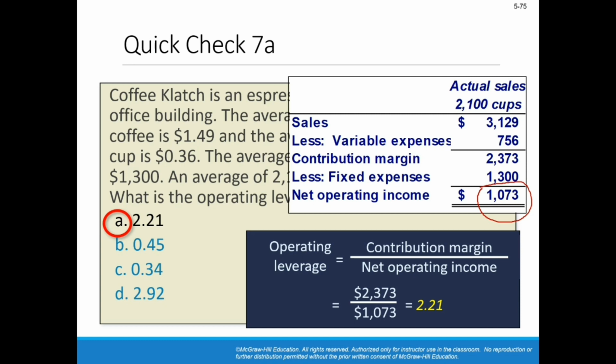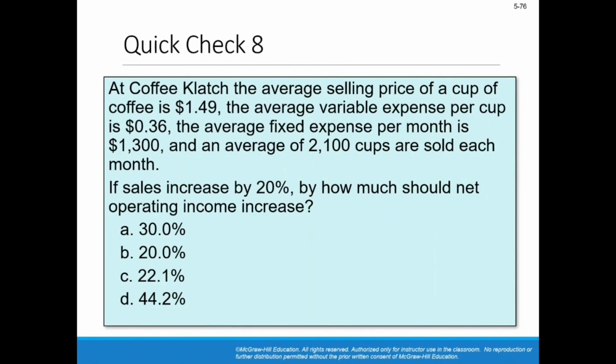So now it means that if my sales increase by 10%, my net operating income will increase by 22.1%. What if my sales increase by 20%? Such a question, exactly.